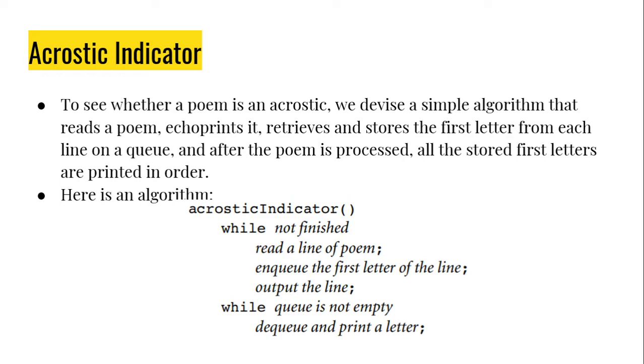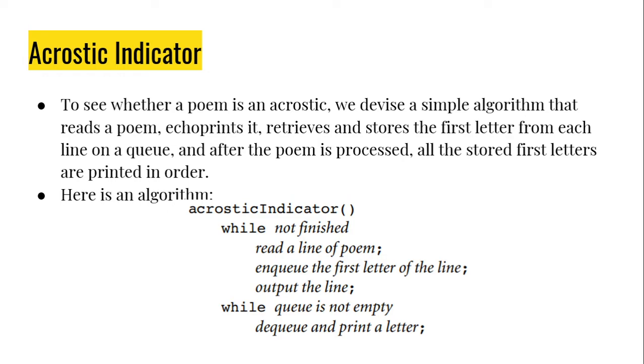If the condition evaluates to true, it will read the line of the poem, the first letter of the line will be enqueued to our queue, and then the line is output. This will be repeated until all of the lines are read, or the end of the text is reached.